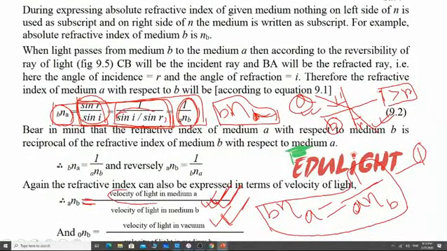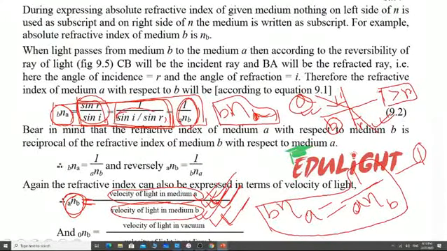Suppose you have been given the velocity of light in medium A, the incident medium, and you have also been given the refractive index of medium B with respect to A. Then the question wants you to find the velocity of light in medium B. You have the velocity of light in medium A known, and the refractive index of medium B with respect to medium A known. You have to find the velocity of light in medium B.